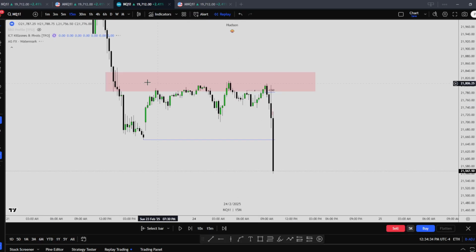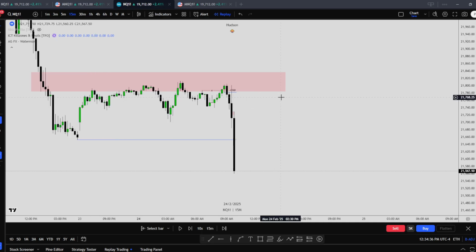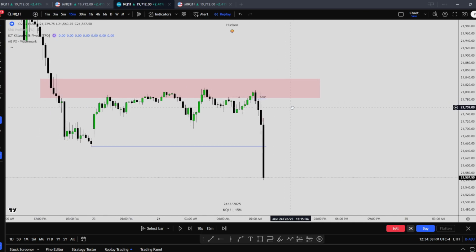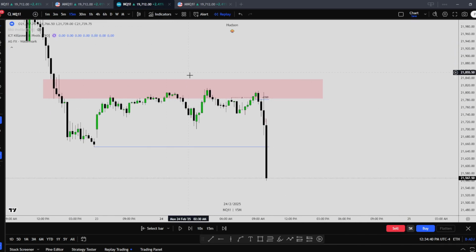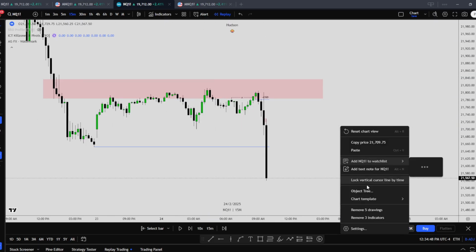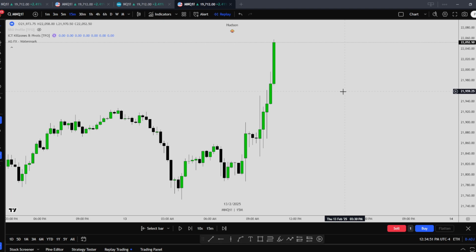Now, let's see, is there a 15-minute? There's not a 15-minute there. So that's okay, because we had that hourly. So also, this high was formed at 4 in the morning, which means it can stay a valid high. So, boom, another example. Now, for the last example, we'll do a 1-minute example.